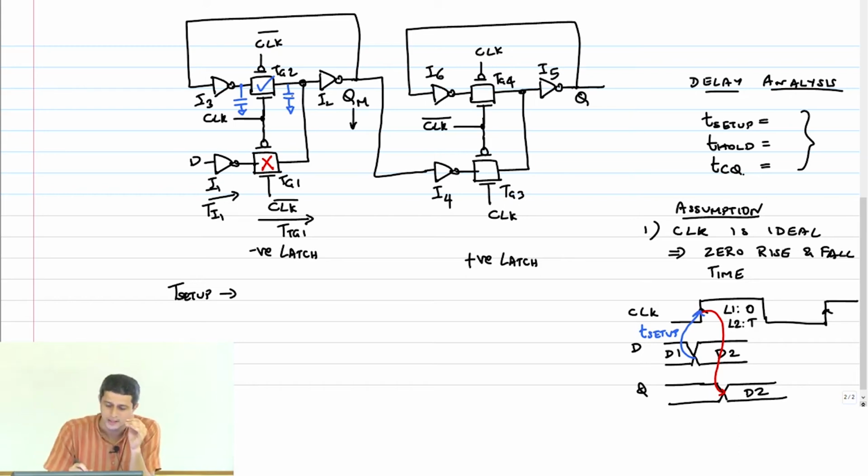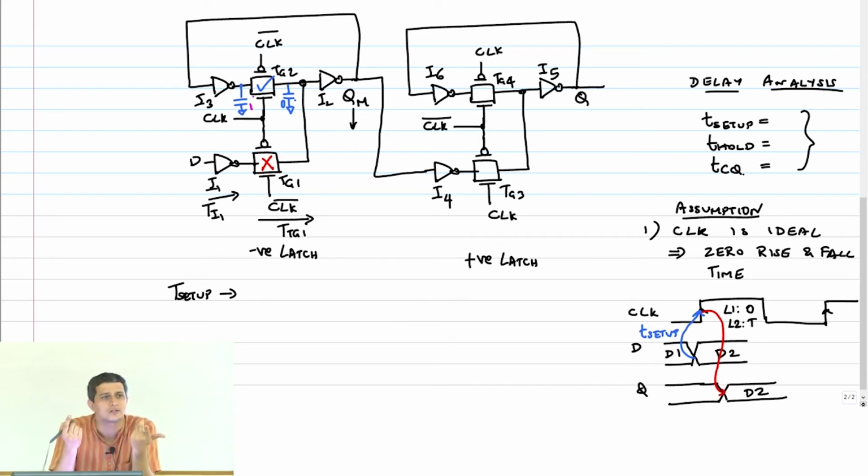For example, if this stored a 0, theoretically, and this stored a 1, then when my transmission gate TG2 turns on at the positive edge, just after the positive edge, this 1 and 0 will charge share, and now there is going to be a fight between this 1 and 0. So if this guy is 1, how is he being held at 1?